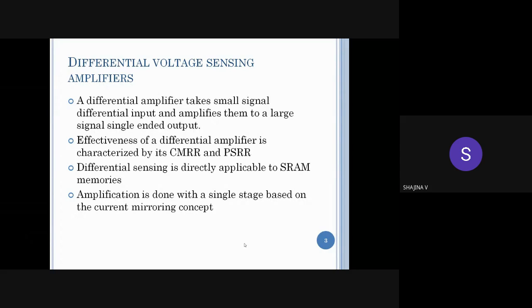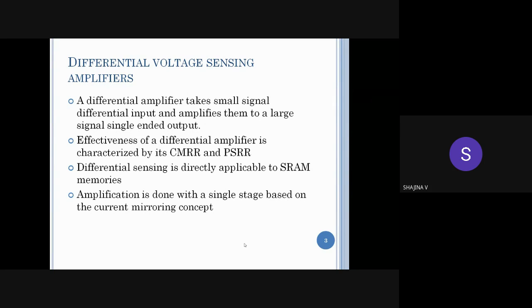That means we are applying different signals at the input terminals. If any signal is present commonly in both terminals, it will be a noise signal. So the signals common to both inputs are suppressed at the output.